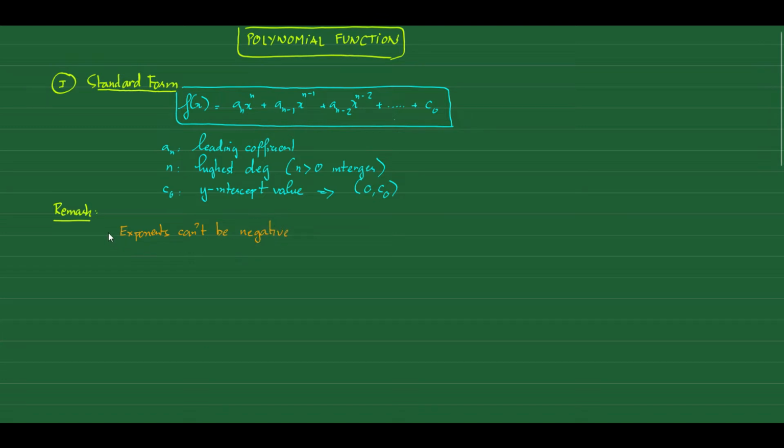Secondly, variable x cannot be in the denominator. All right. So that is one of the conditions to determine if a function is a polynomial function. Otherwise, it cannot be a polynomial function. Okay. Now let me give you an example.